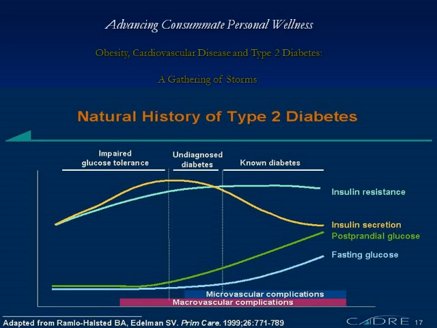Looking at what we know about, say, insulin secretion and the relative normalcy of fasting blood glucose in the impaired glucose tolerance state, in some cases up to 5 to 10 years before there's an actual diagnosis and a confrontation with it, when it goes from undiagnosed to a known diabetes status, oftentimes people report that they have normal fasting blood glucose levels.